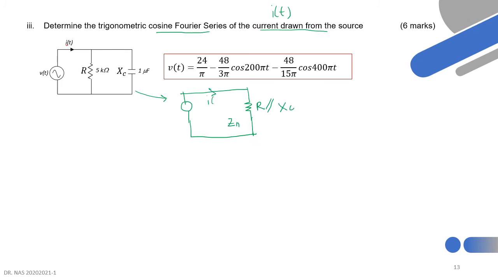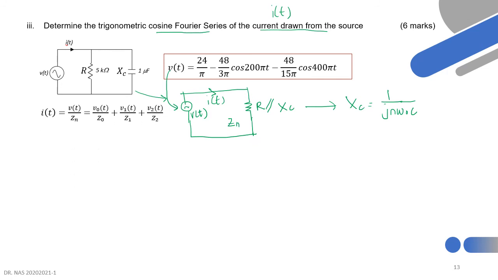So this is your IT, and this is the source VT. Okay, so don't forget the XC is equal to 1 over j n omega naught C. Okay, so to calculate I, you need to divide the VT with the total impedance.